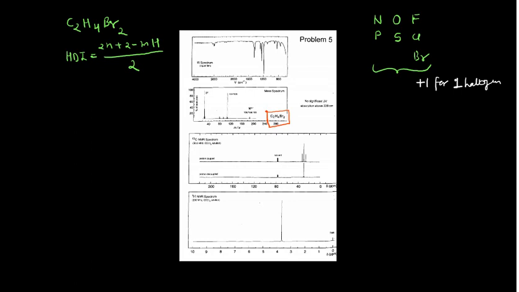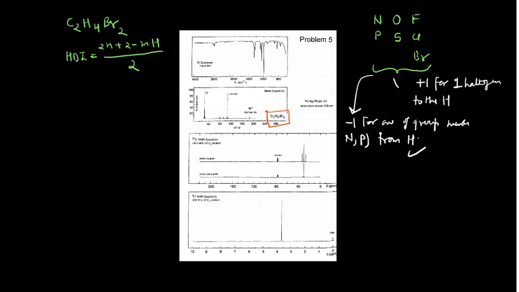That means whatever the number of hydrogens, for each halogen you add +1 to it. For a group member like nitrogen or phosphorus, you subtract 1 from the hydrogens. You should remember, you don't need to worry about oxygen and sulfur, they will not change the formula for calculating the hydrogen deficiency index.